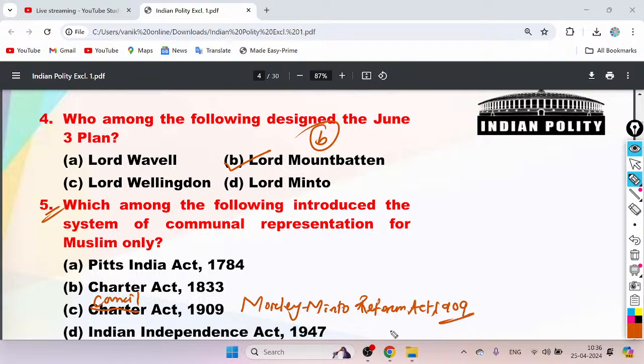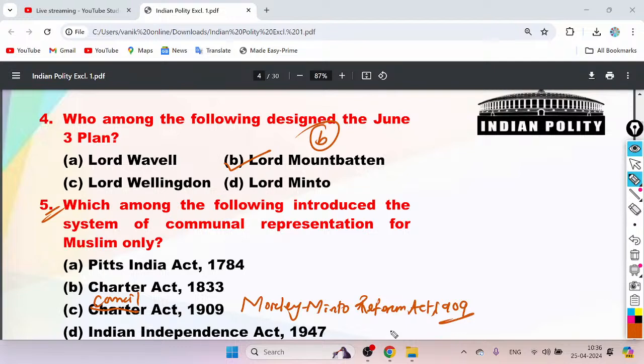There was a deputation led by Aga Khan to the Viceroy, and they demanded that special representation should be provided to Muslims for betterment of the community. The deputation's demand was accepted by the British, and Viceroy Minto tried to introduce the communal representation, and it became a part of the 1909 Act.